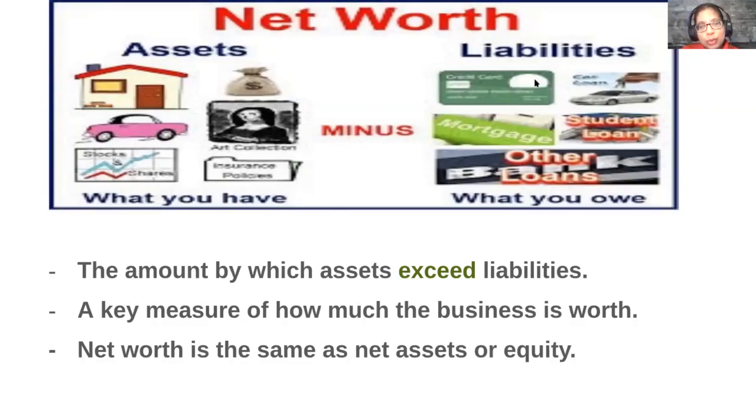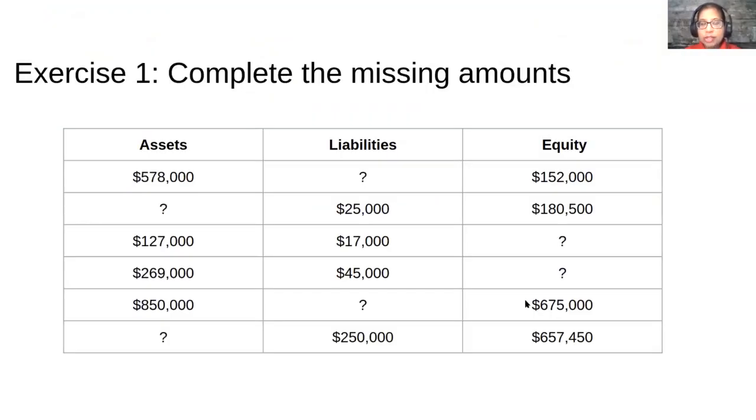All right, so those are some examples again of assets, liabilities, and then simply the difference between those two is called your owner's equity or your net worth. All right, so this is your assignment to see if you fully understand the basic accounting equation.